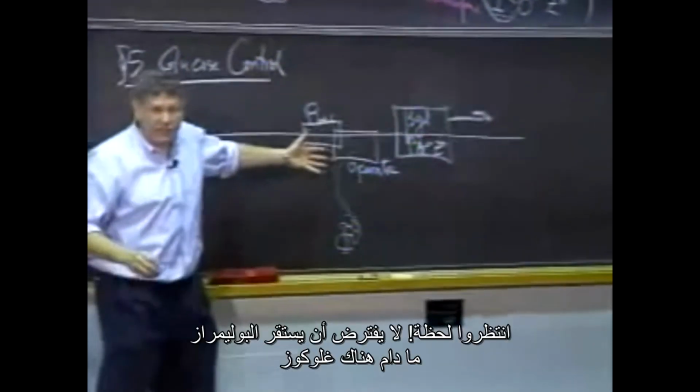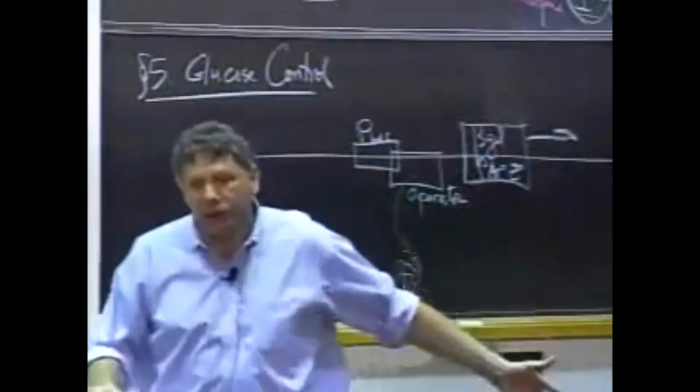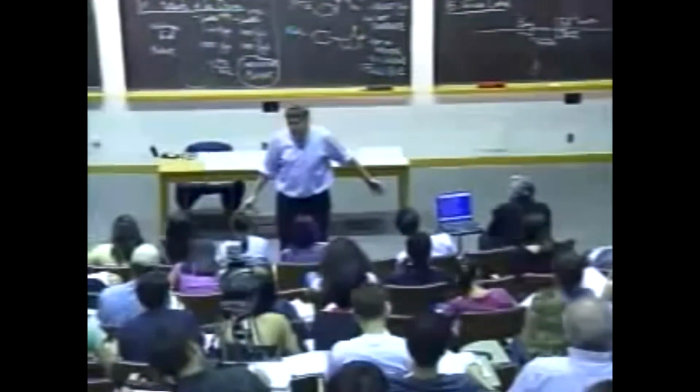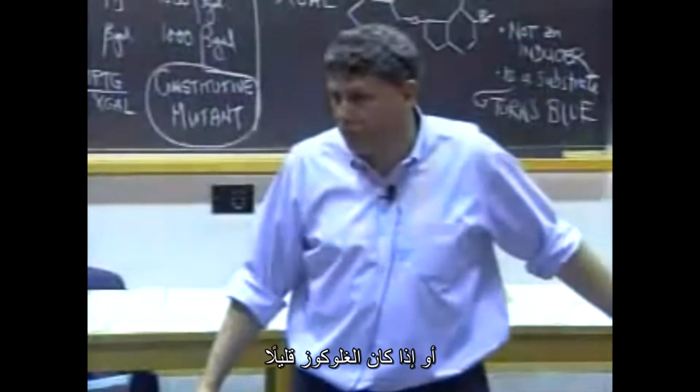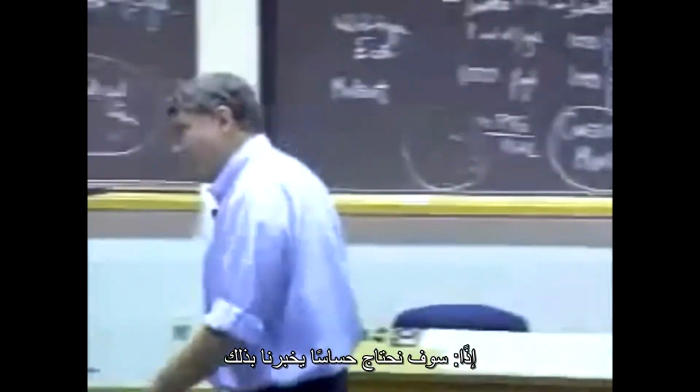Polymerase sits down. Wait a second. Polymerase isn't supposed to sit down unless there's no glucose. We need another sensor to tell if there's glucose or if there's low glucose. So we're going to need us a sensor that tells that. Any ideas? Yep.